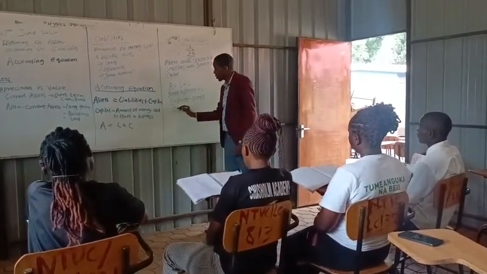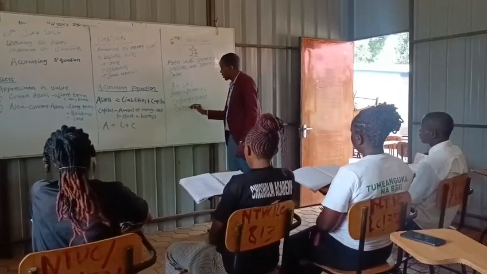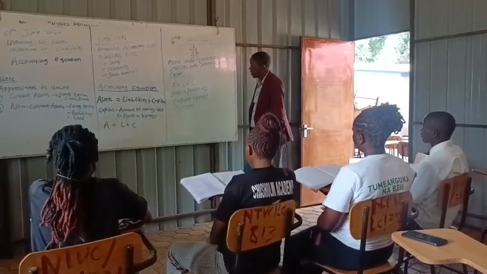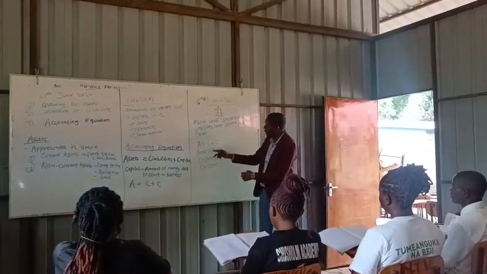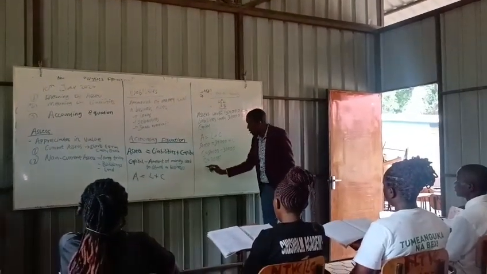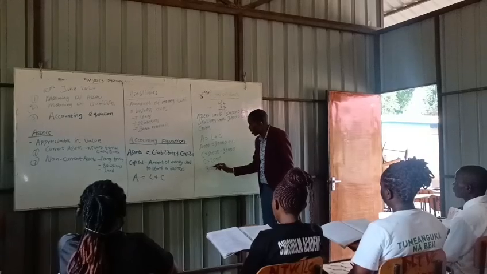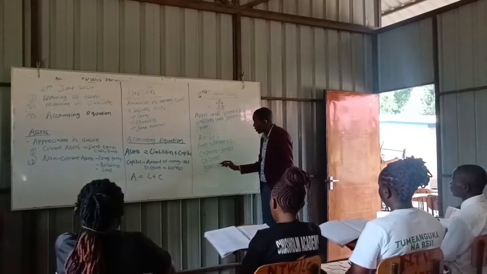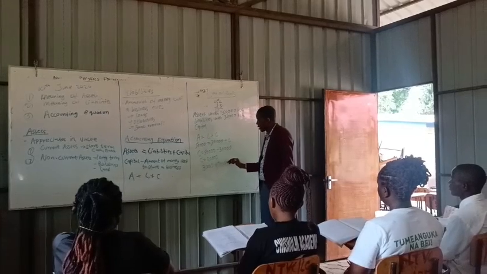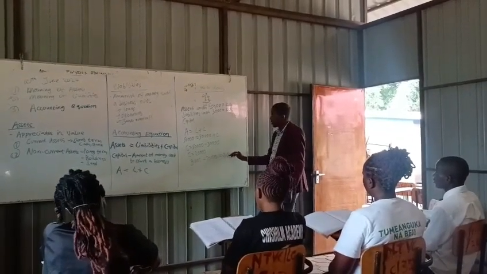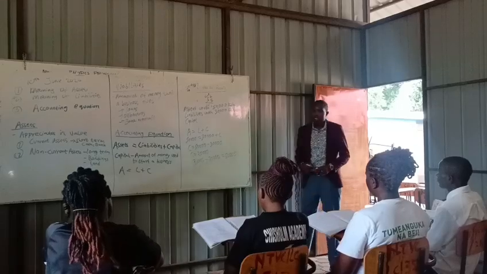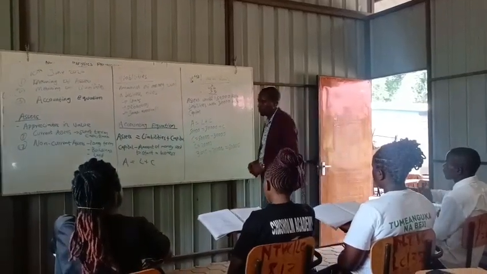So capital will be equal to how much? 20,000. So if we do our math, liabilities plus capital, will it give us 50,000? So it will be 30,000 plus 20,000. This will give us 50,000. Okay.